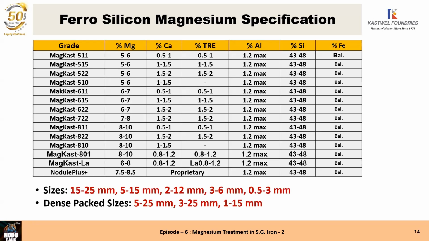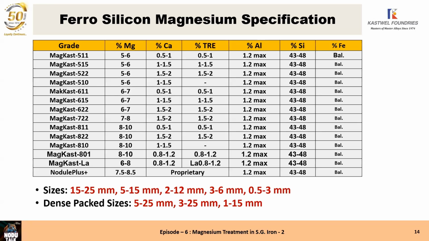As you can see with Castwell, you can have a lot of types of these containing different percentages of magnesium, calcium, rare earths, aluminium, silicon, and so on. As you can see, the silicon and the aluminium are nearly all equal. So if you order something, ask information at Castwell, because the rare earths and the calcium can be different.